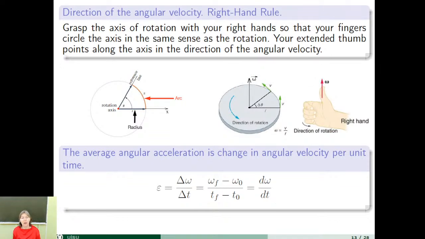Relating the linear and angular variables. Rotation with a constant angular acceleration. In pure translation, motion with a constant linear acceleration is an important special case.